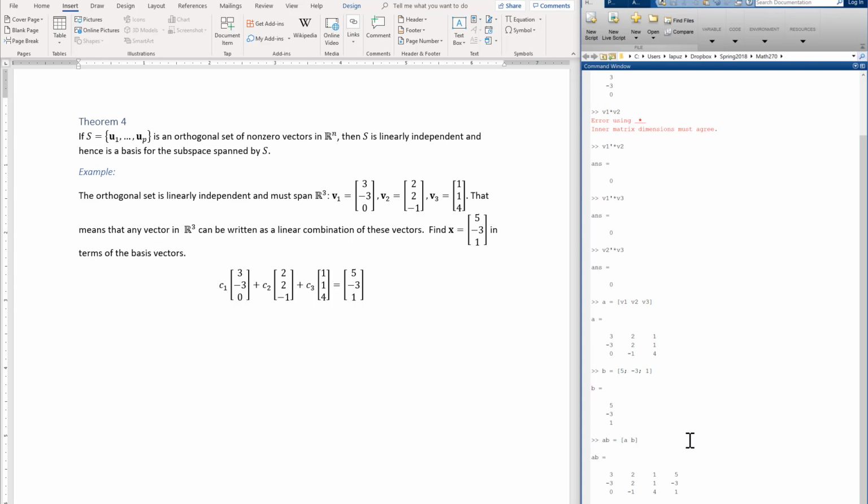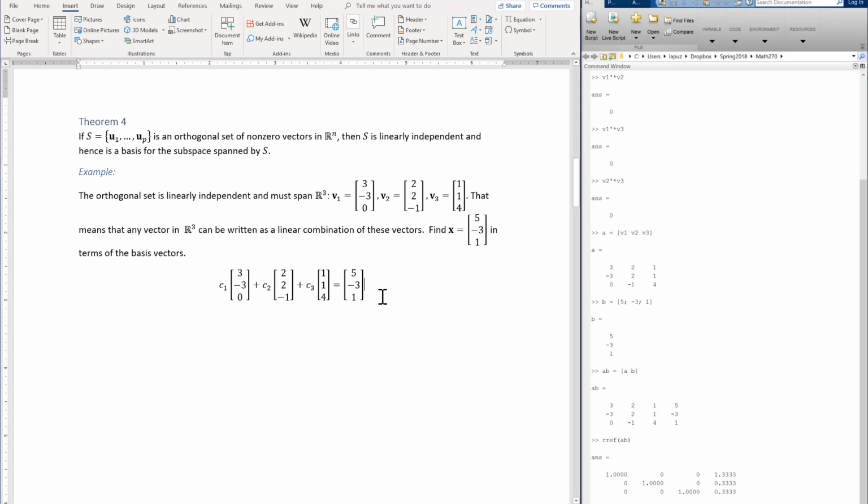And then we basically want to reduce. So this is a quick way of doing it, of course. Otherwise, you'd want to do it by hand. So in our REF, we're going to get x1 equal to 1 and 1.333. So I think that's 1 1/3, and then we have 1/3 and 1/3. So it looks like we have values for these things.